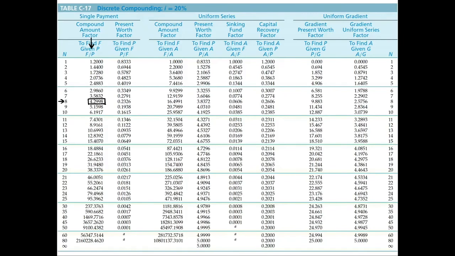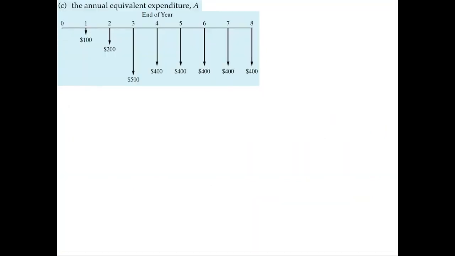And if you distribute everything to annuities, that's the third question. You don't have to do the conversion of every cash flow because you already calculated your present value in the first question.